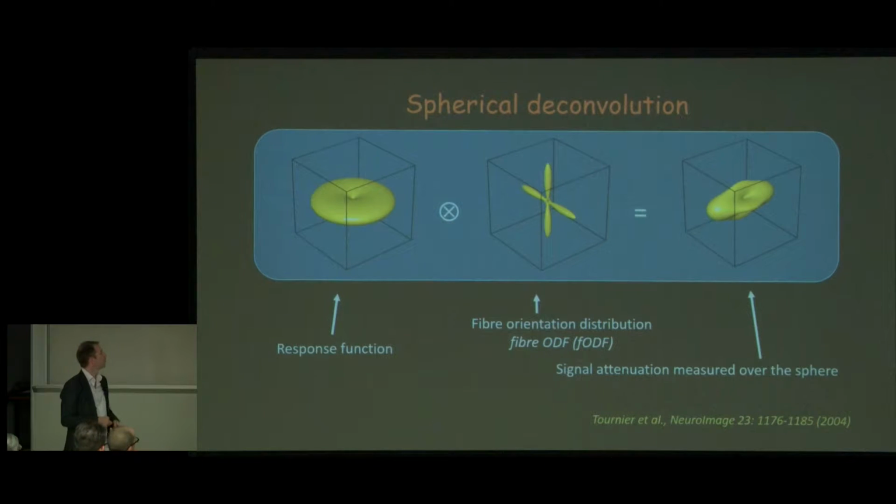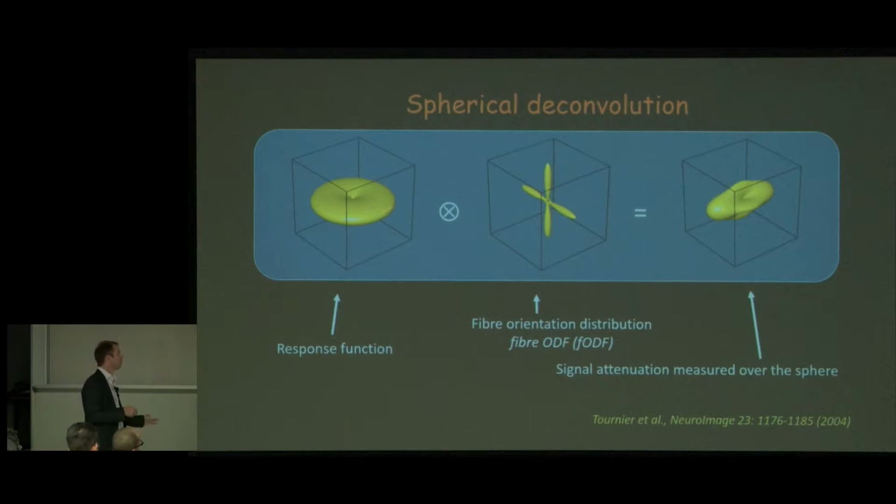So to put it all together, the spherical deconvolution framework is the way that I put it, but it's essentially a generalization of a multi-tensor fit, where you just say I've got different orientations together, and obviously if I know the orientations present and I know what the signal would be for each orientation, then you can predict what the signal should be.